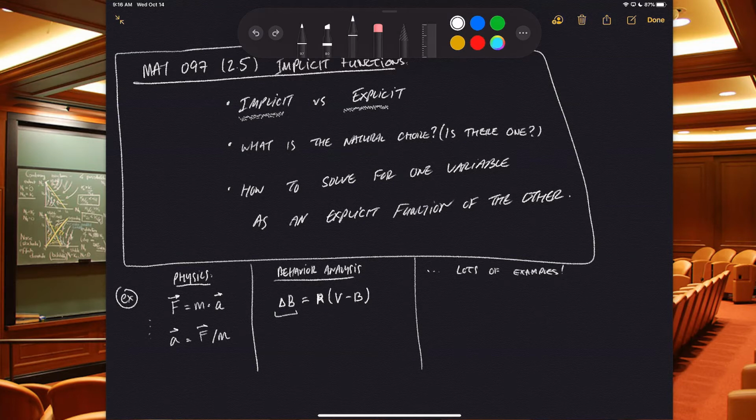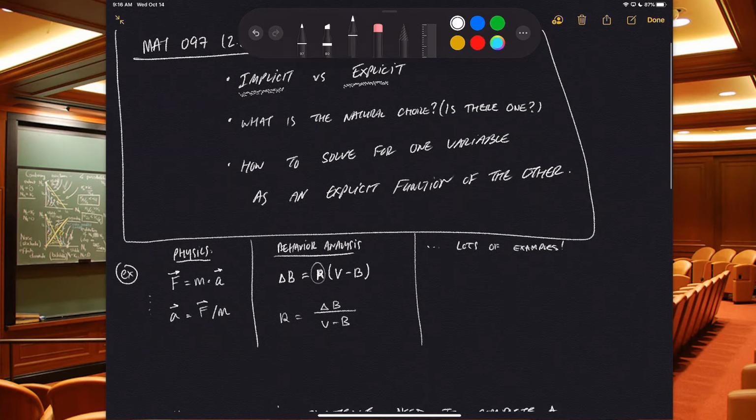And so since there's several variables, we might be interested in maybe what this positive learning rate must be for this context. So I might solve for R and say, well, that must be equal to the change in the learning behavior over the difference in those values. Or we might be interested in solving for this B value inside, right?